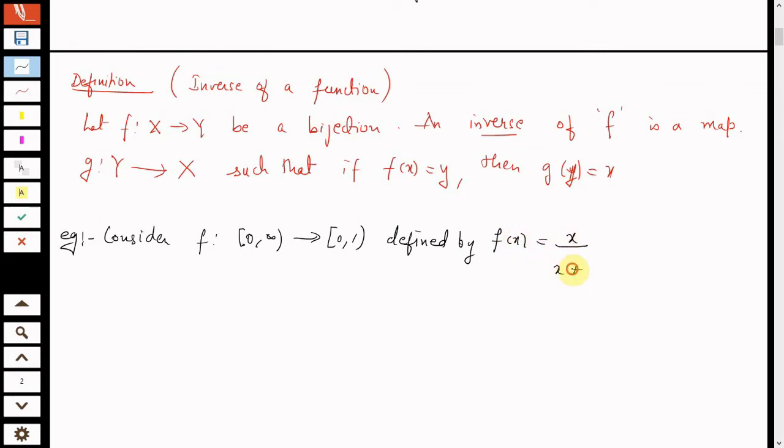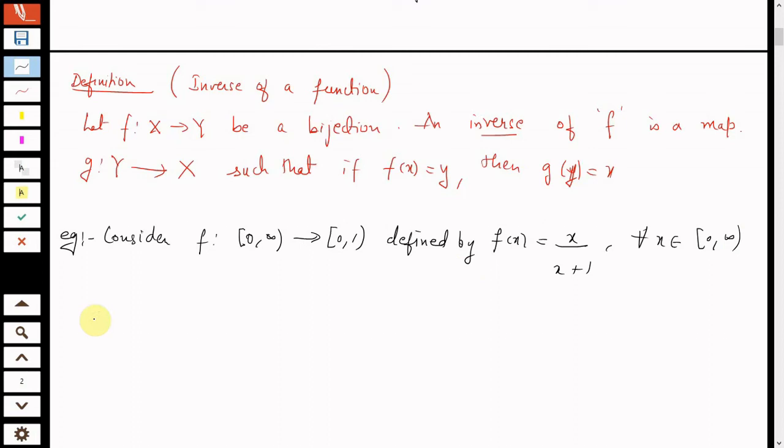Immediately one needs to see whether this is a well defined function. So x is coming from the domain 0 comma infinity, so x is greater than or equal to 0. One needs to verify that x by x plus 1 will always be strictly less than 1, and it can be equal to 0 also. It is greater than or equal to 0.